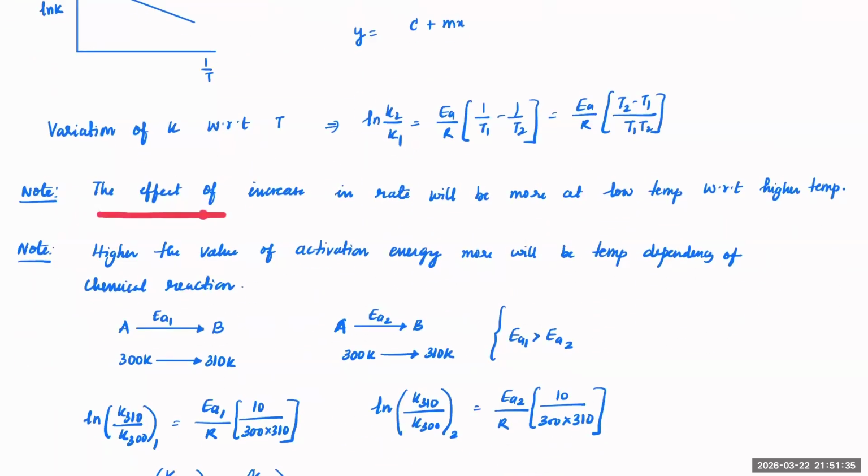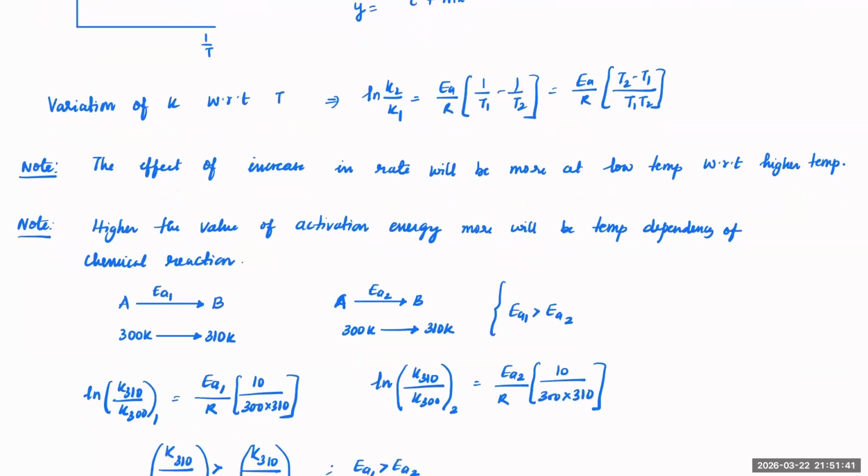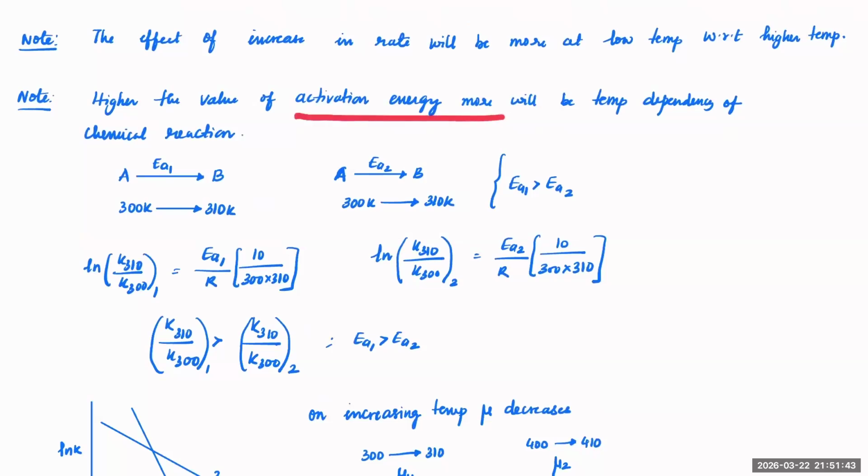Hence, the effect of increase in rate will be more at a lower temperature as compared to that of higher temperature. And if you notice the activation energy, if let's say in one equation A to B, activation energy is higher than in the other equation A to B, in that case, if you are increasing the temperature, then the case where the activation energy is higher, there the rate will increase faster.